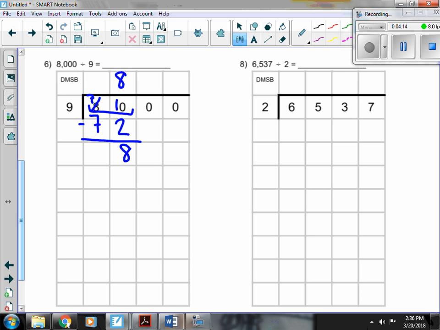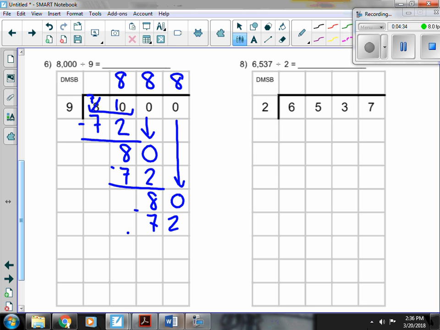And that's an 8, and then I bring down my 0, and I start again with 80 again. 9 goes into 80, which is 72, and I'm going to subtract and get 8 again, and then bring down my 0 again, and start over. 9 goes into 80 again, 8 times, which is 72, and my remainder is 8, with a remainder of 8.